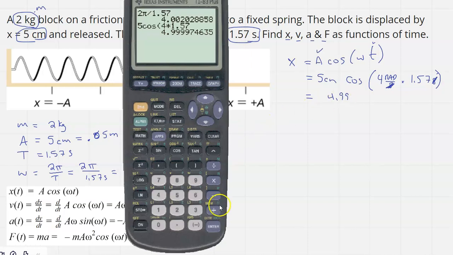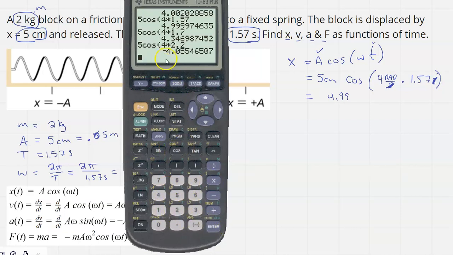But if I had used a different time, like 5 cosine, here's my angular frequency right there, a little bit later on, let's say at 1.7 seconds, see how it's on its way back down? And whatever time I plug in there, I'm going to get a different number. And see there, it's actually down below.